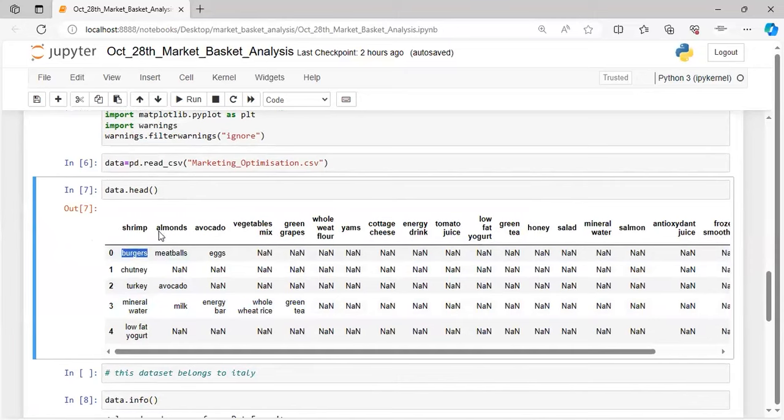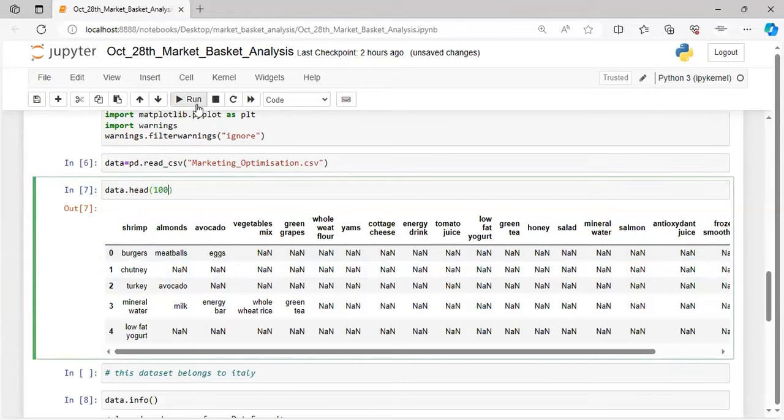Is it a vertical relation of each column, or is it one sample, one person buying burgers and meatballs and eggs together? I don't understand how I should link the columns with the rows here.